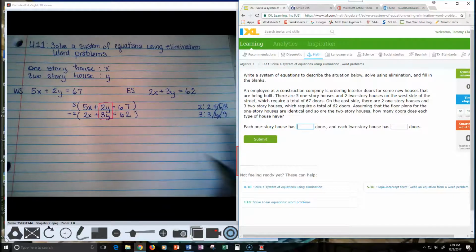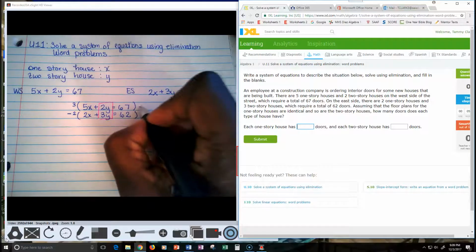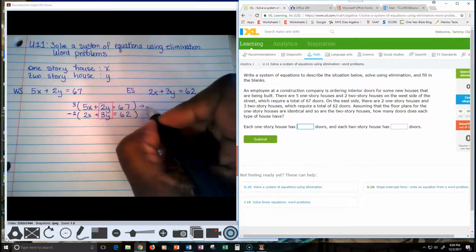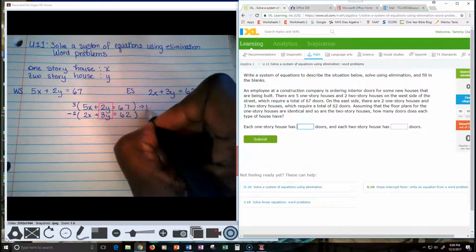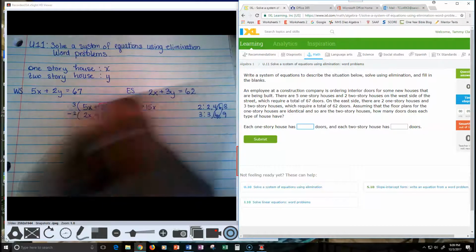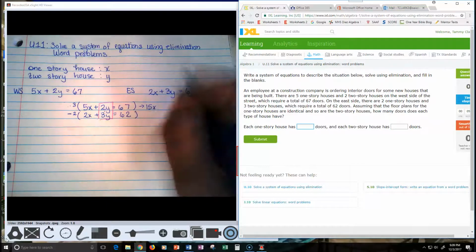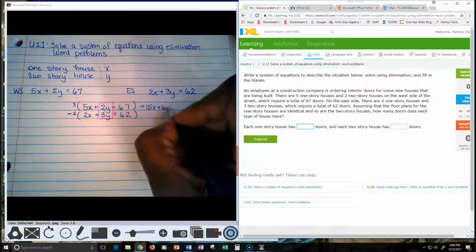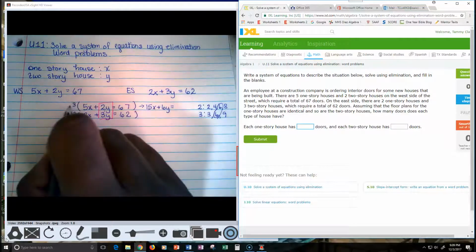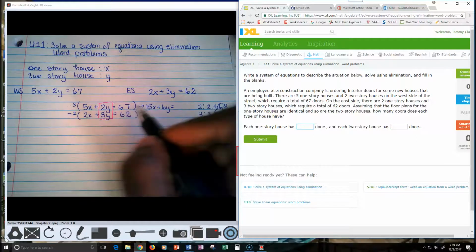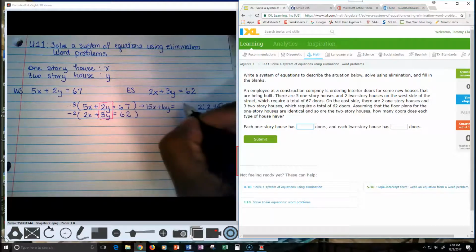Now, this is how this is going to be rewritten. Here I have 3 times 5x, which is 15x. 3 times 2y, which is 6y. That equals 3 times 67. Let's see, 3 times 7 is 21. Carry the 2. 3 times 6 is 18 plus 2 is 20.